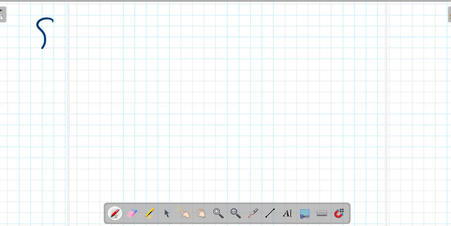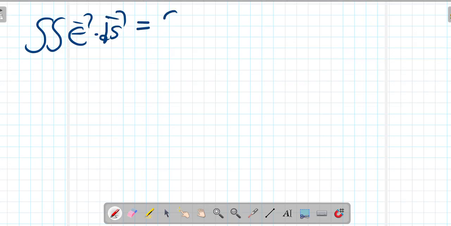So whenever you're decomposing this integral, the formula for electrostatic flux is the integral of E dot dS as a vector. Then you decompose this into parts according to the surface.